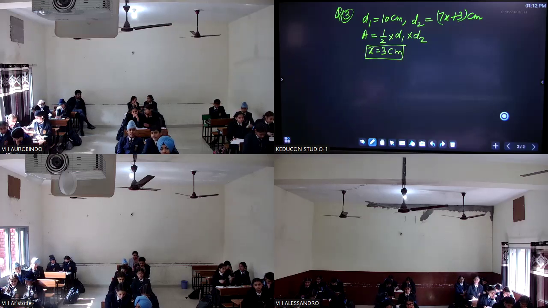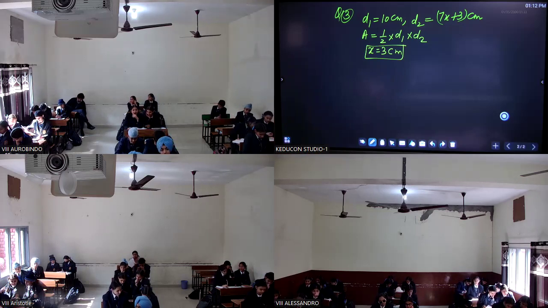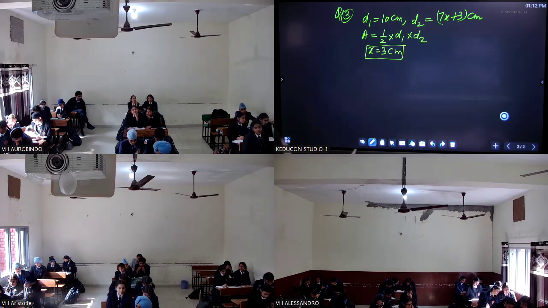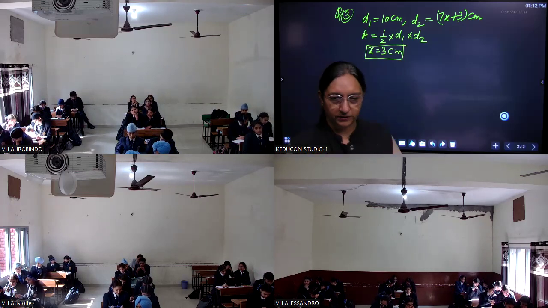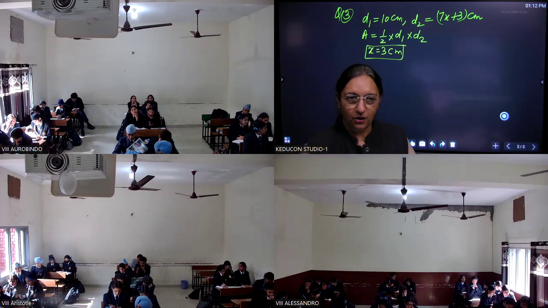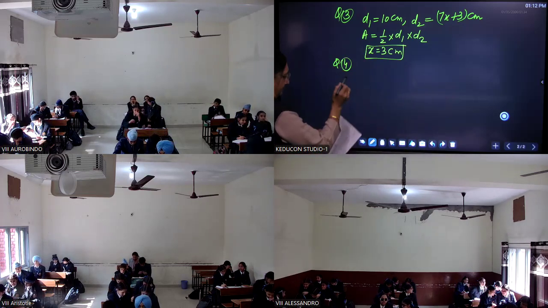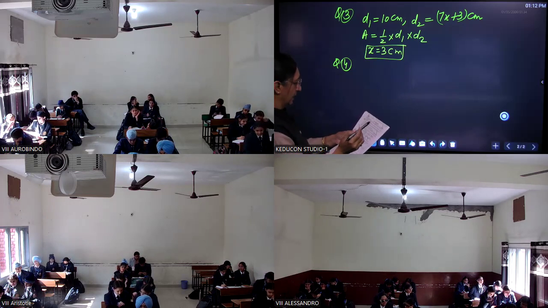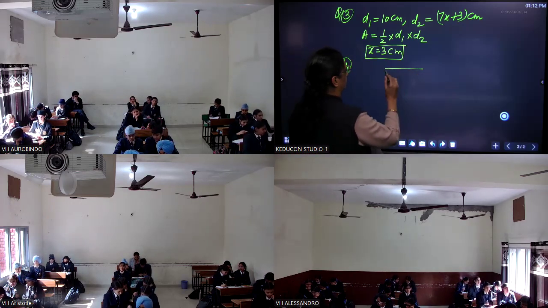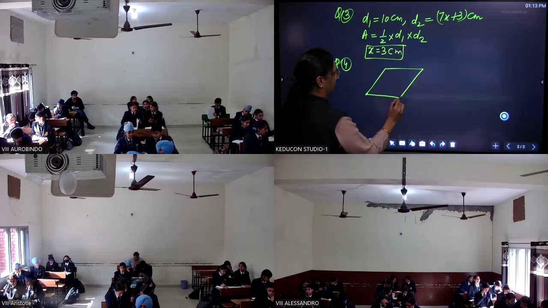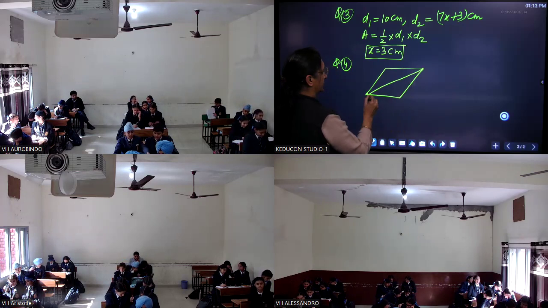Question number 4. The altitude of a rhombus whose area is 315 centimeter square and perimeter is 180 centimeter will be what? Altitude of rhombus we have to find out. Actually it is a parallelogram that you know.